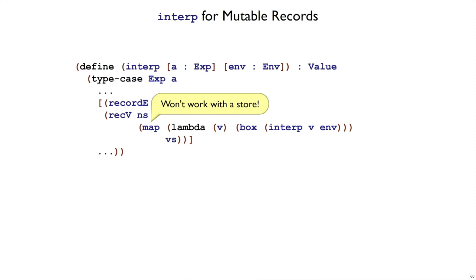But that won't work with a store because each interp needs to return a new store, and we need to allocate a box in that store or allocate some address in that store, and map doesn't communicate the store from one iteration for an element of the list to the next iteration of the element of the list. So you'll have to write your own function or do something else to thread the store through this sequence of evaluations to make it work for interp with a store.